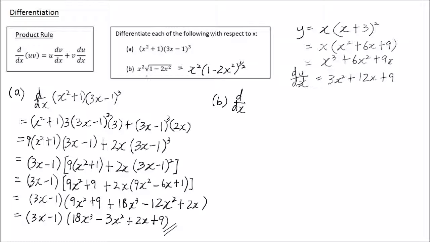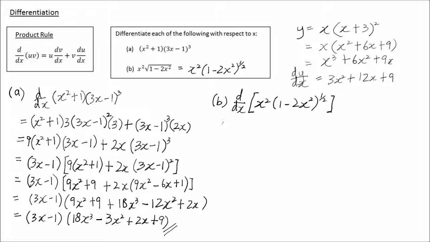When you have a square root, it means the power outside the bracket is half. So let's write this down. X squared 1 minus 2x squared to the power of half.